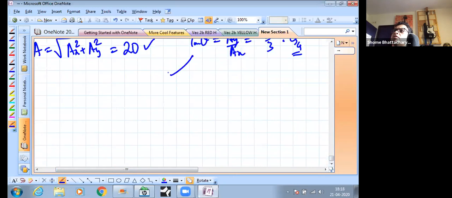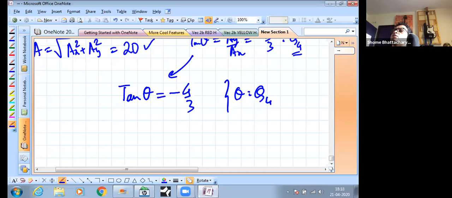Now I'm solving this part. So tan theta is equal to minus 4 by 3, and theta is in quadrant 4. So what was the formula of quadrant 4? That tan theta was minus tan of 360 minus theta. Okay. So that is minus 4 by 3.